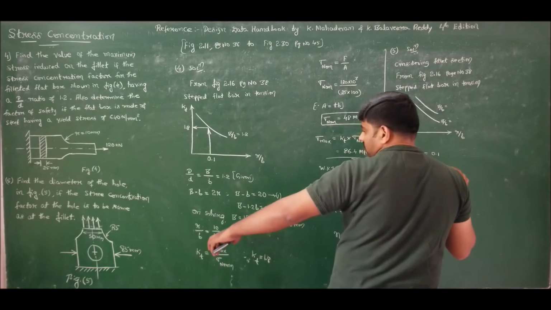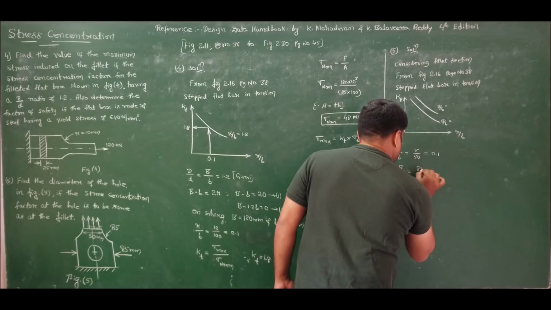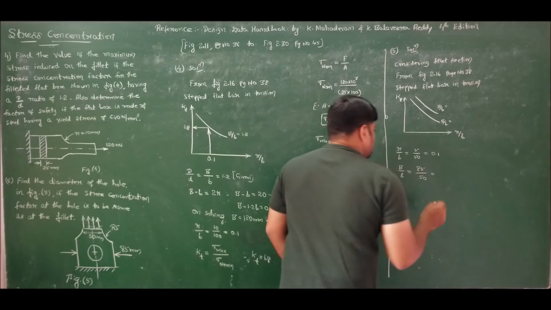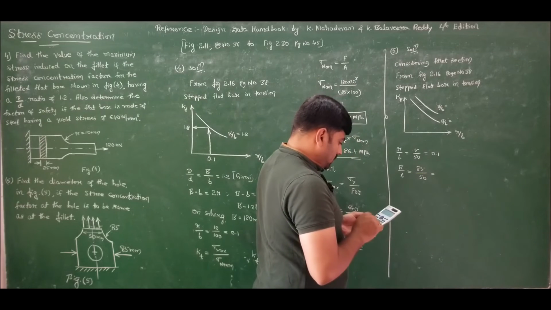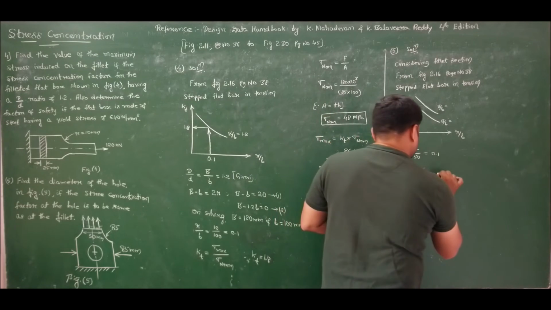For this problem, capital B by small b is 85 by 50, which is 1.7.